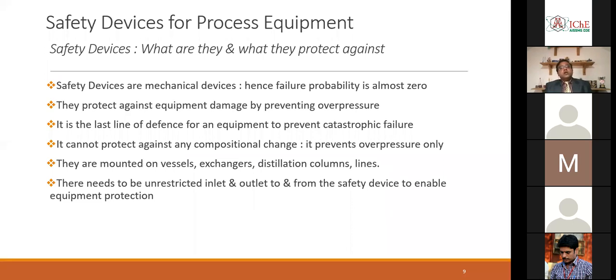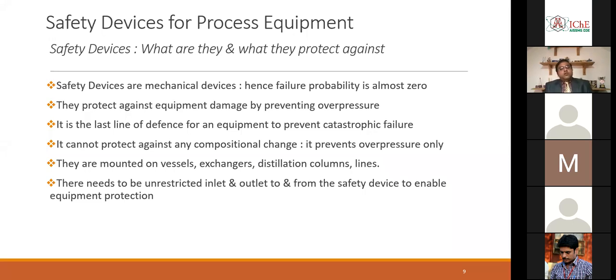You put a safety device and you put a manual valve upstream on the line between, say, the vessel and the safety device, and you keep it closed. That's it. You are doomed. It's of no use to put a safety device. Similarly, you line up the inlet, but somehow you close the outlet, so it has nowhere to go. It will still continue to overpressure, and catastrophe will happen.